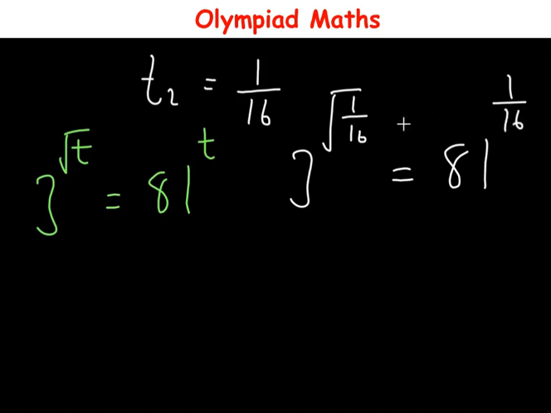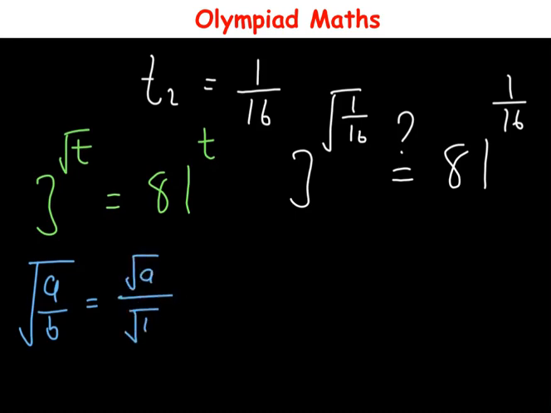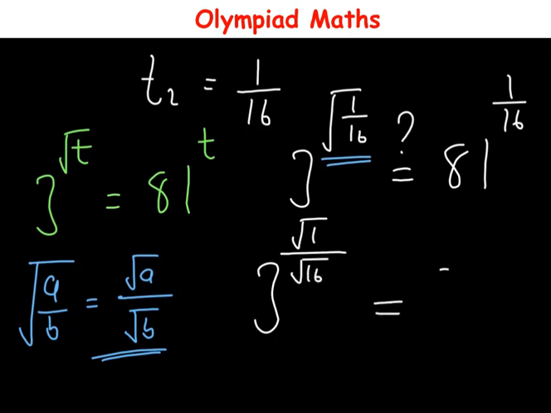With this equal each other question mark. From here, following this rule, that if you have root a over b, this equals root a over root b. Applying this right here, what we have is 3 raised to power root 1 over root 16, with this equal 81 raised to power 1 over 16 question mark.